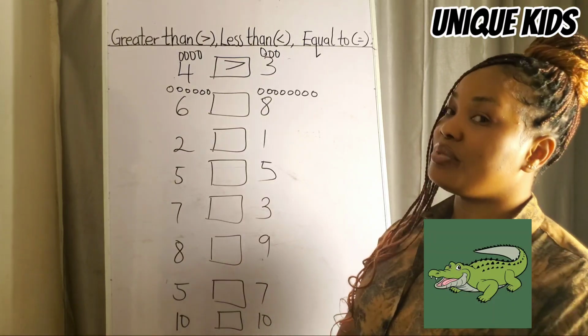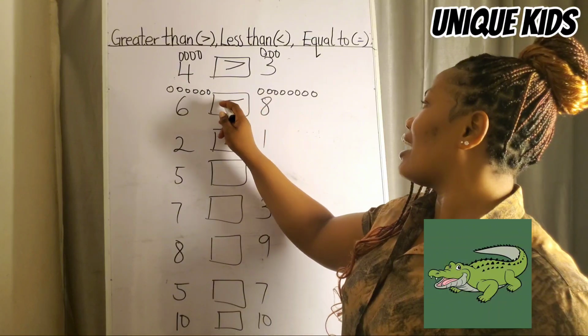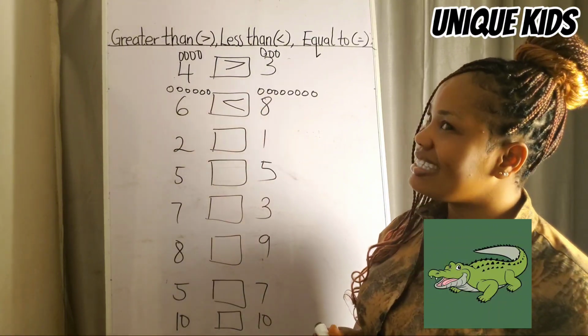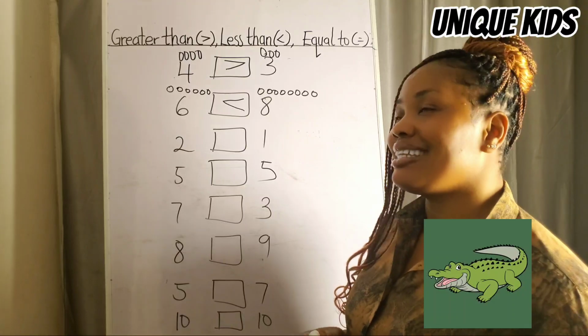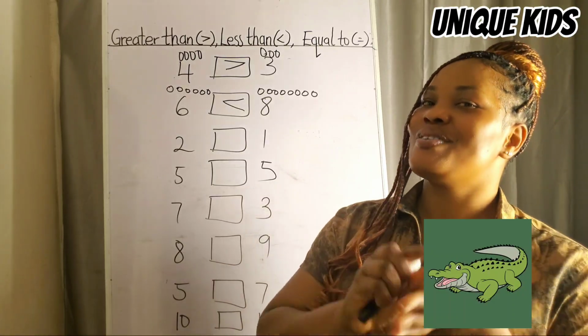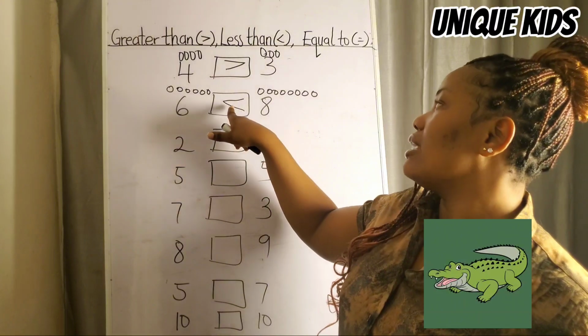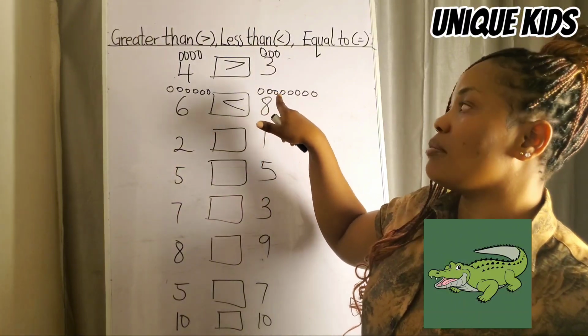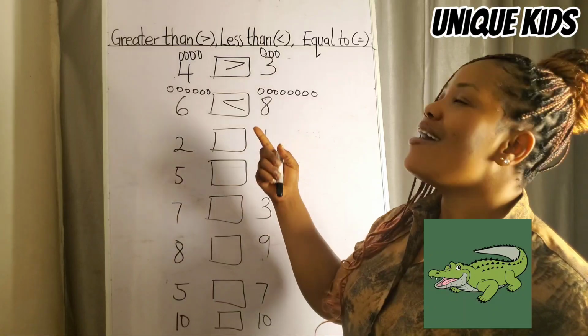Okay, 8 is the bigger one. So alligator swallows 8. If you said 8 is the bigger and 6 is less than 8, then you are right. So clap for yourself. Great job. So alligator swallows 8, which is the bigger one, and the tail is pointing at 6.